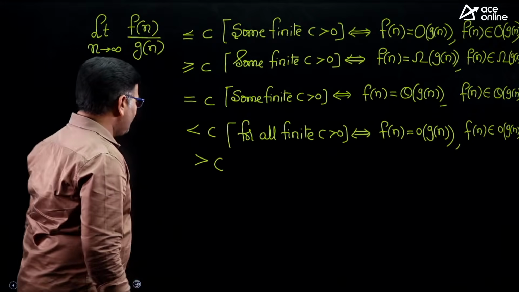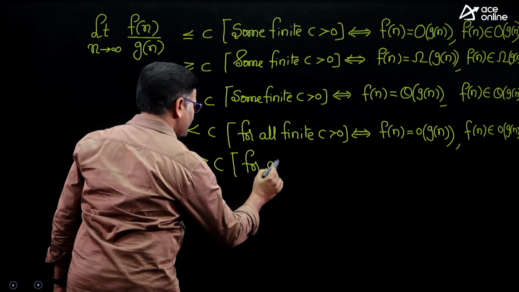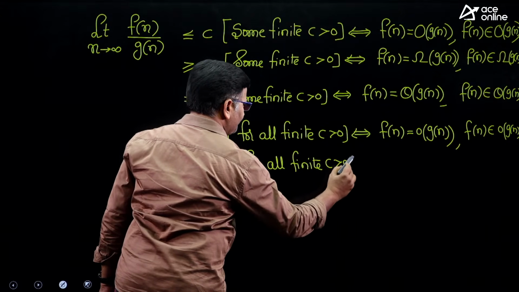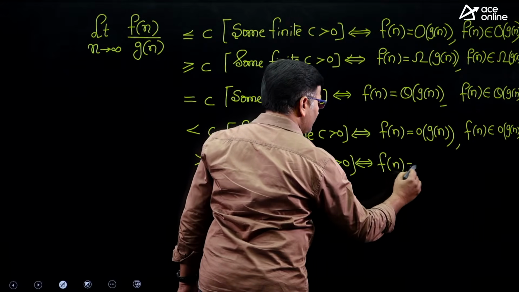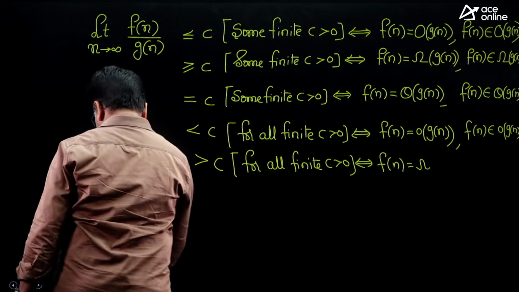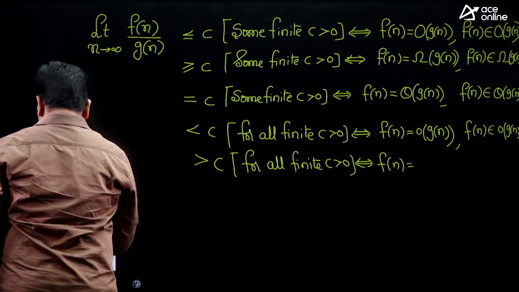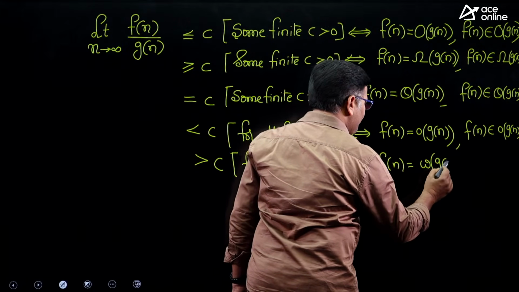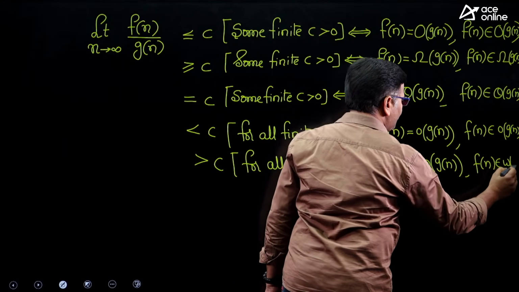And finally greater than c, it is also for all finite c greater than 0. If and only if, f of n is equal to little omega of g of n. We can define it as f of n belongs to little omega of g of n.